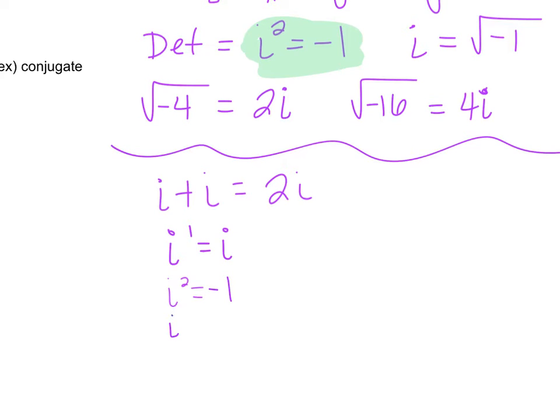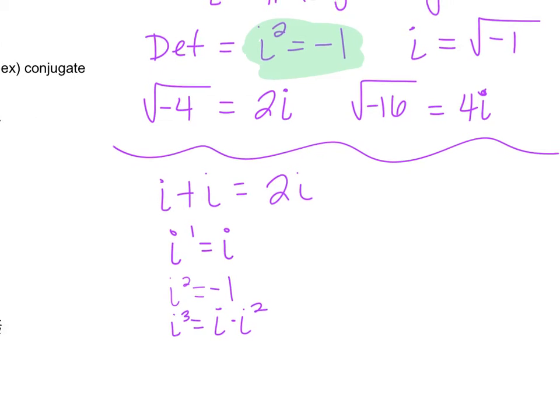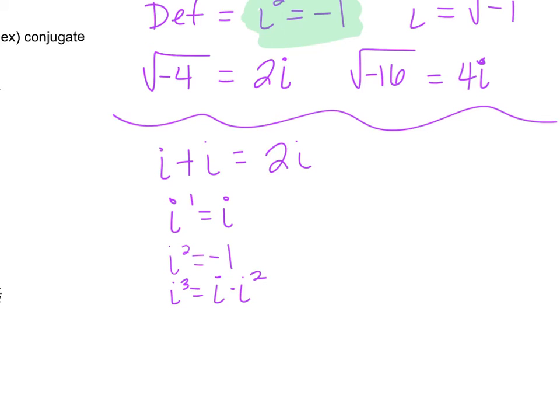All right, let's do i to the third power. That will be like i times i squared. And we said i squared is -1, so that's equal to -i. Let's do it again. We could do i to the fourth power.